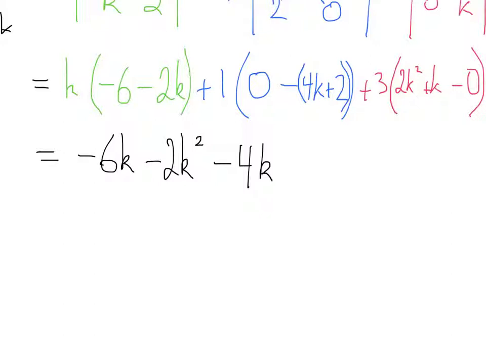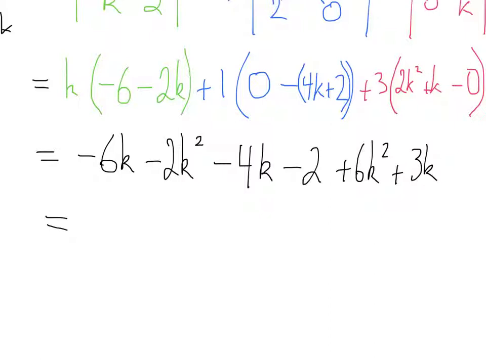So take 4k, take 2, plus 6k squared plus 3k. Okay, now we want to see if we can simplify this at all.